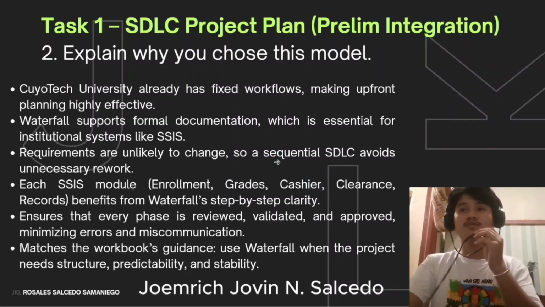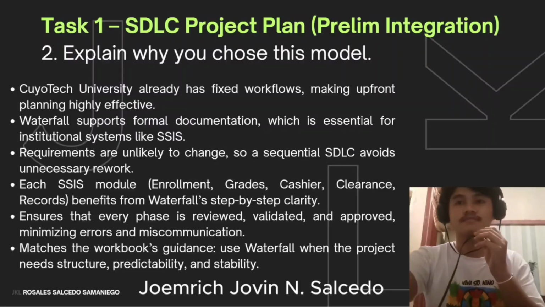Since SSIS modules like enrollment, grades, and clearance rarely change, a sequential SDLC ensures predictability, stability, and alignment with institution policies, matching the workbook's recommendation for structure in large-scale school systems.